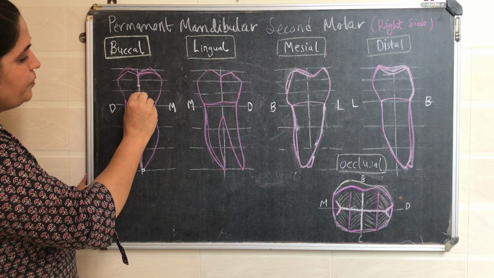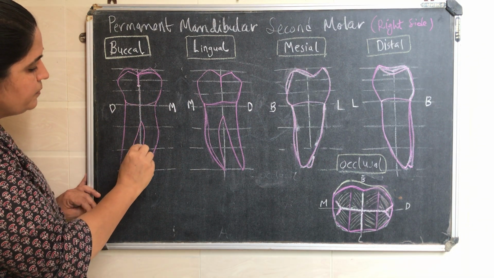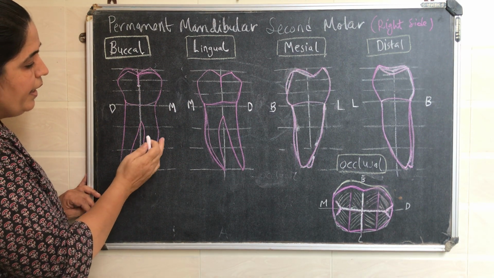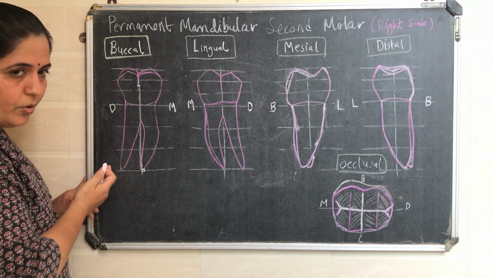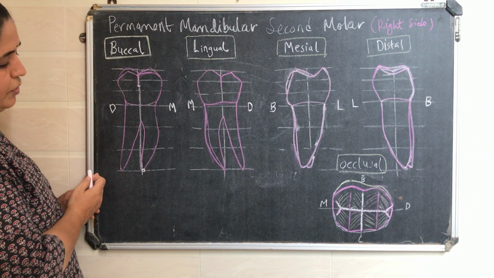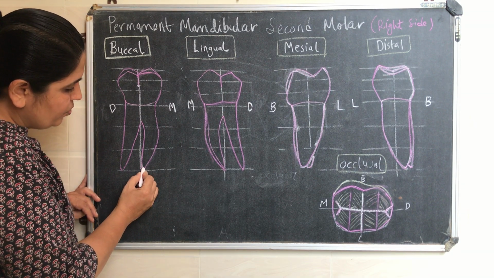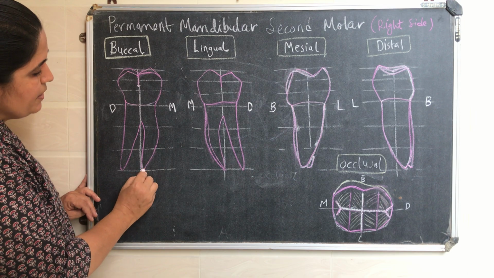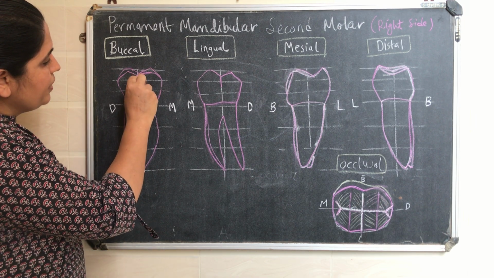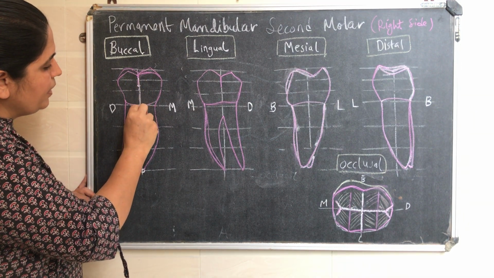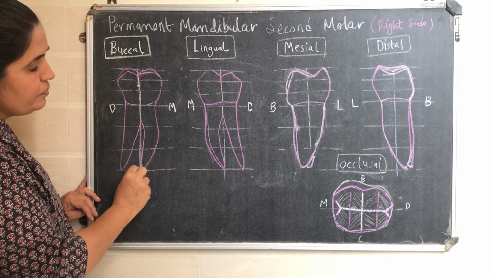In case of second molar, as a result of more distal inclination of the roots, the apex of the mesial root is in line with the buccal developmental groove.